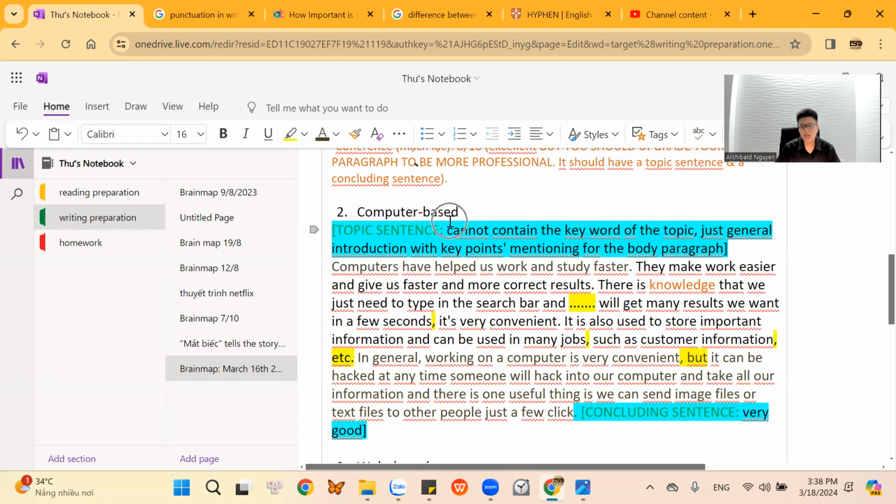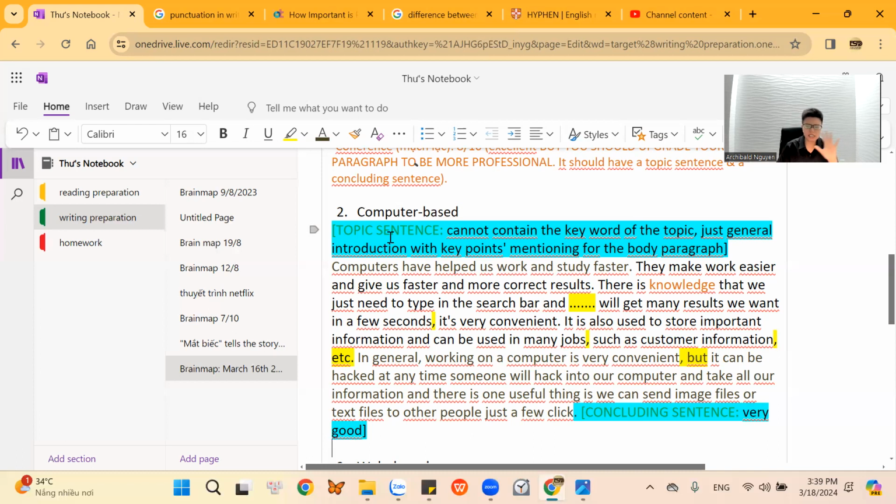So the introduction should be a little bit blurry, a little bit general and curious, in order to make the readers want to know more about what you are going to write. And that is the introduction.